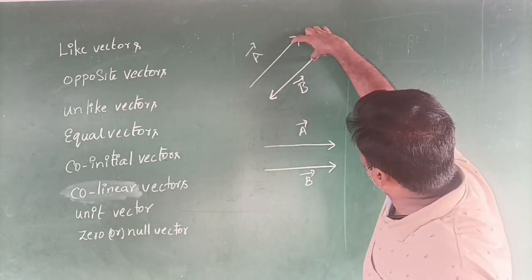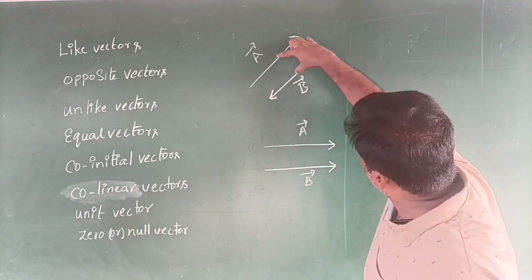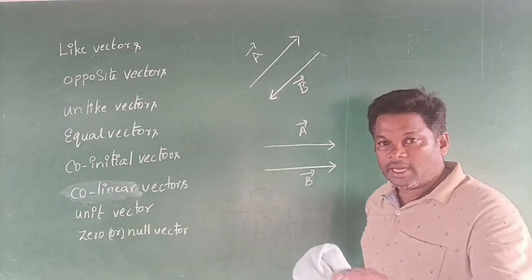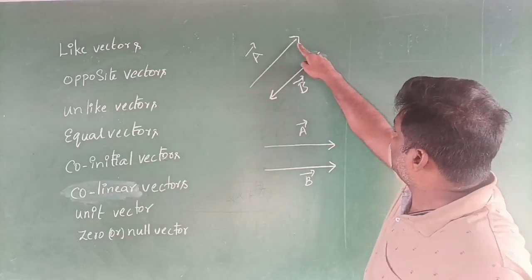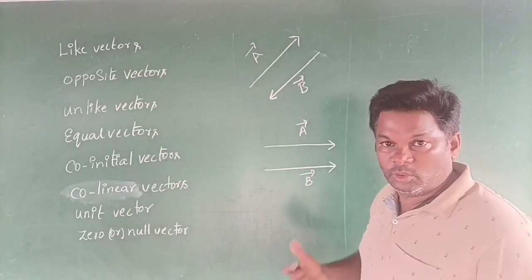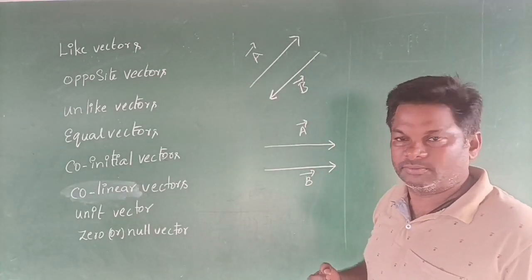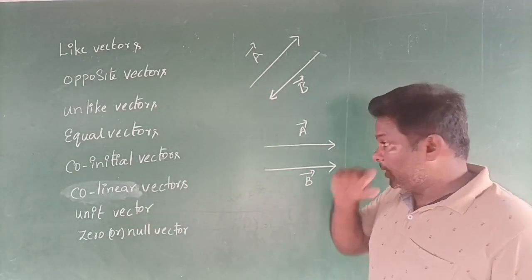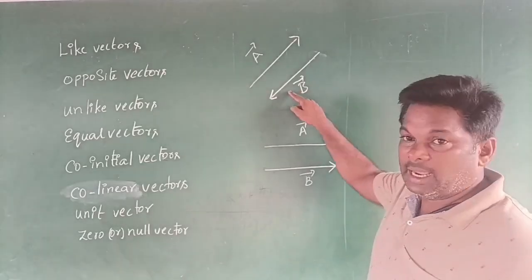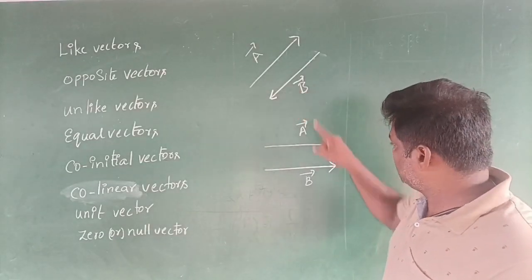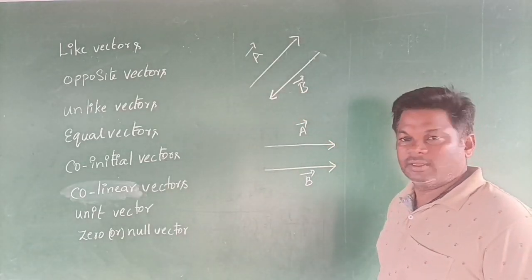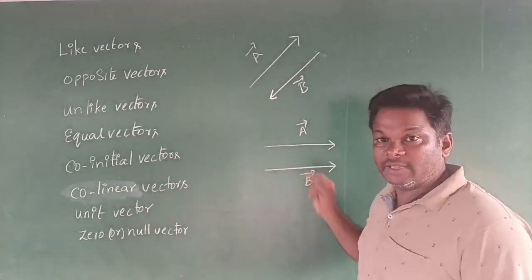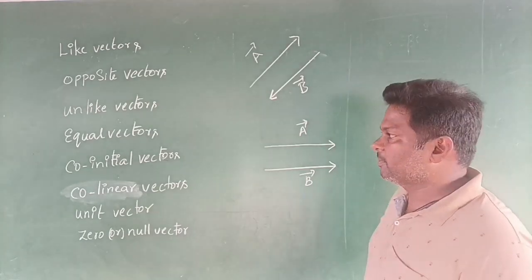Observe here, the gap left between these two is the same anywhere. But observe the direction here. Are they in the same direction? No. Are they in the same direction? Yes. We are calling these two anti-parallel vectors and these parallel vectors. They may also be called unlike vectors and like vectors. Okay.